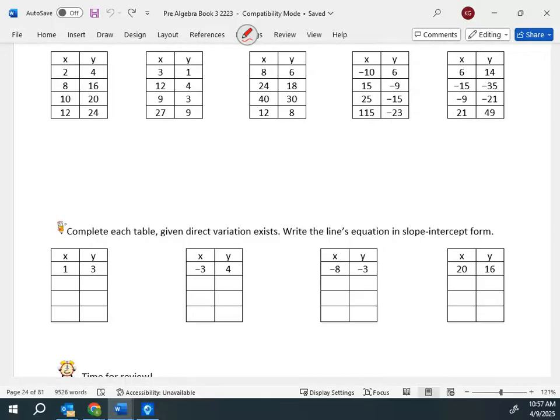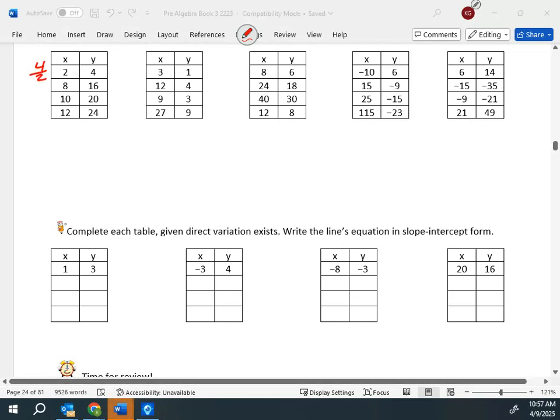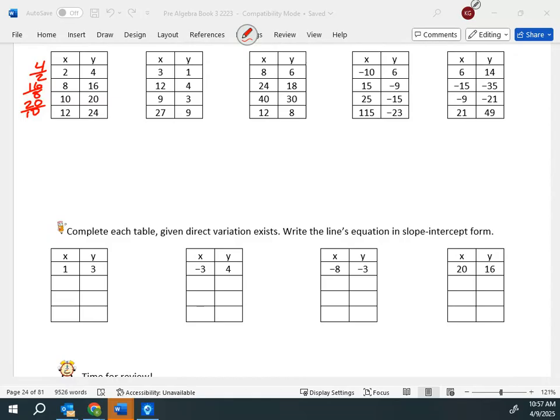For each set, we need to do y divided by x: 4 over 2, 16 over 8, 20 over 10, and 24 over 12. Do the math. Simplify it down.